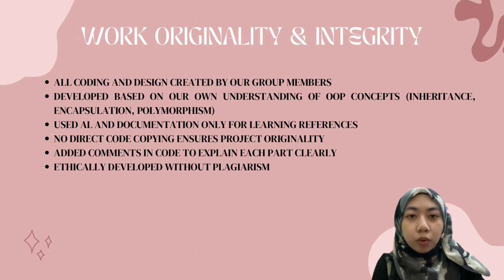This ensures our project is original and reflects our real understanding. We also add comments in our code to explain each part clearly, showing that we truly understand how our system works and that it was ethically developed without plagiarism.